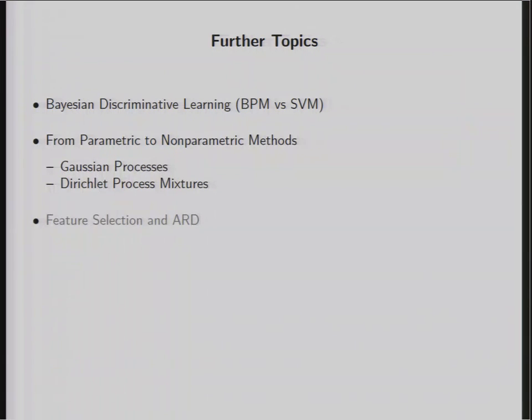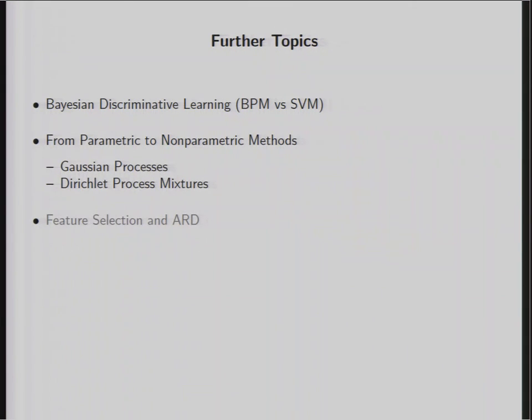This includes some interesting discussion material, and also I'm going to mention again the relationship between parametric and non-parametric methods, which Peter Orbanz already talked about, and Dylan has already been talking about.